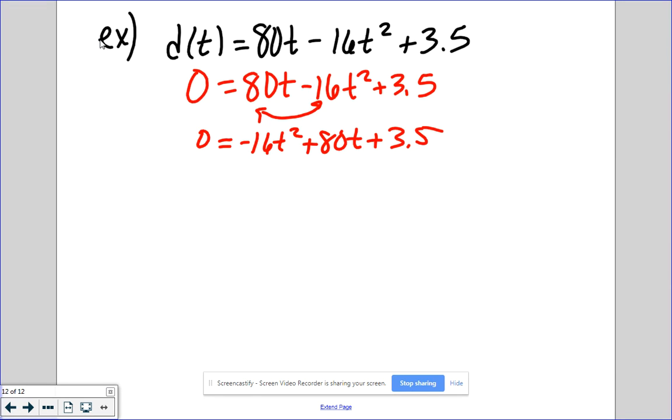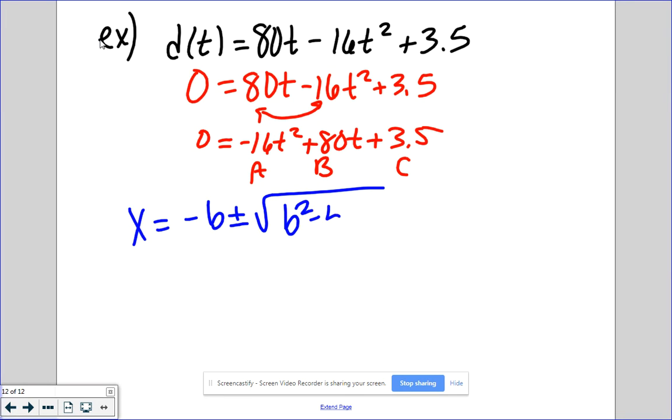Quadratic formula. So, if we're doing quadratic, that's A, that's B, that's C. The formula again is opposite of B, plus and minus, square root of B squared minus 4AC, all over 2 times A. So, what goes in for B?